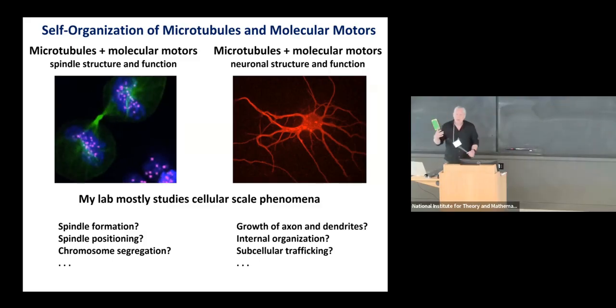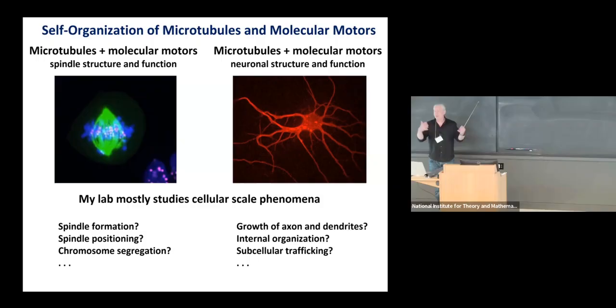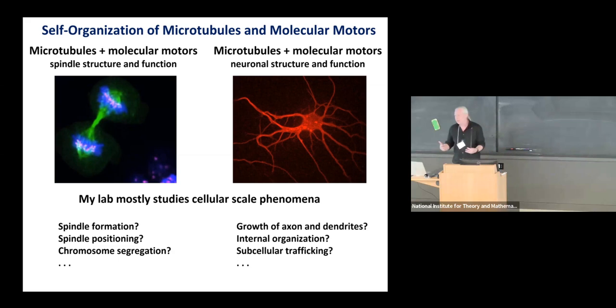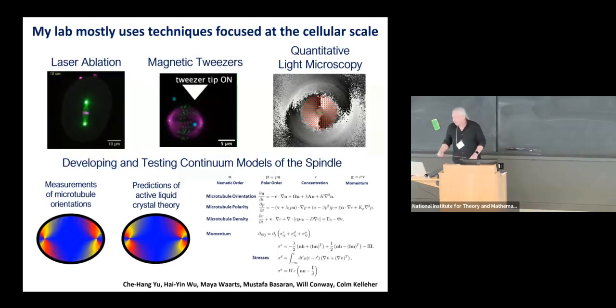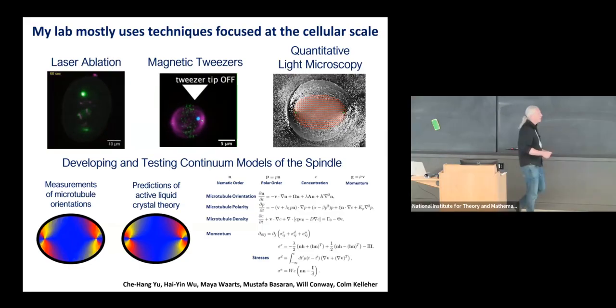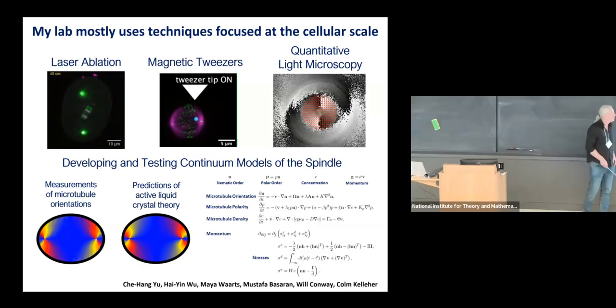All right, and not only are the questions we've mostly been asking focused on the cellular scale, but the techniques that we use also really focus on the cellular scale. Just to give you a sense of what I mean by that: we try to learn about forces involved in spindle positioning and other things.